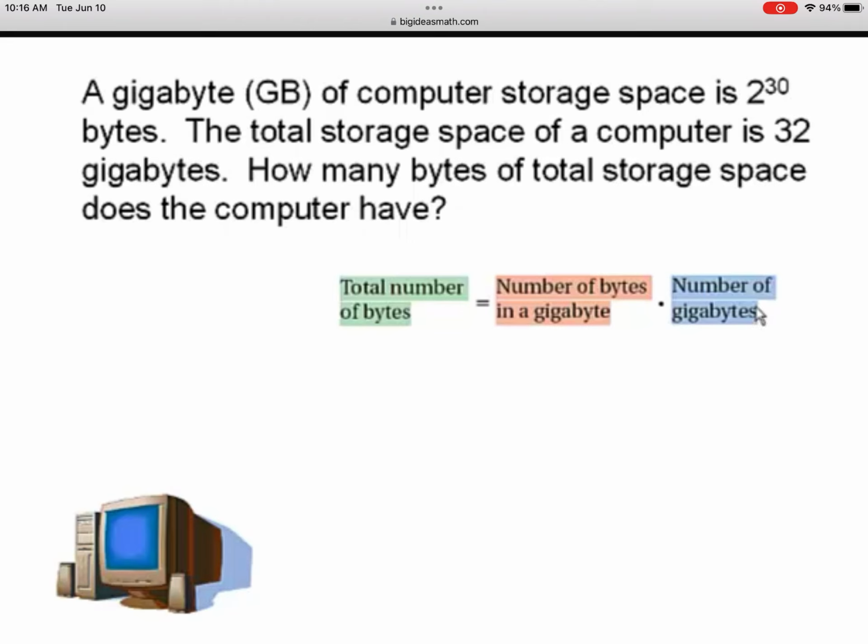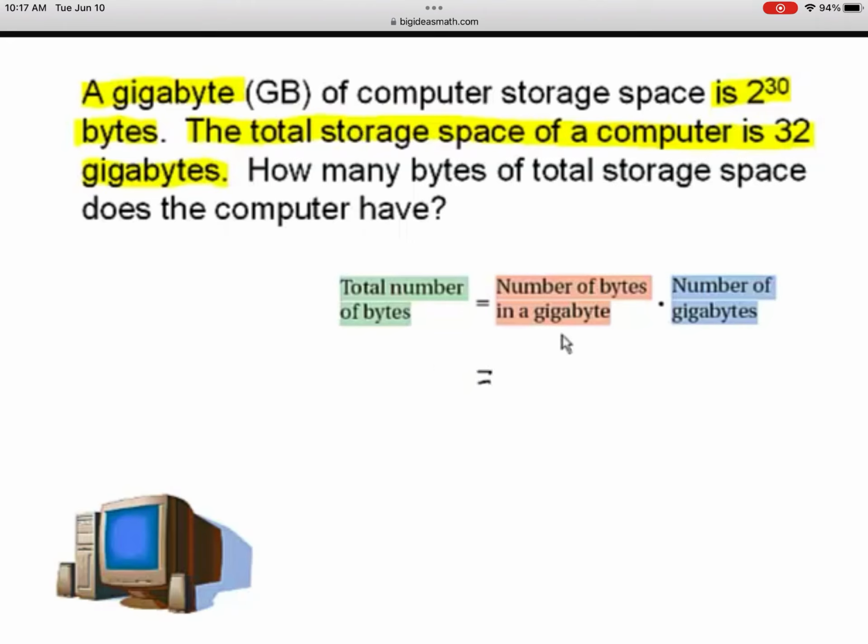Let's look in the problem to find some of this information. A gigabyte is 2 to the 30th bytes. Also, the total storage space of a computer is 32 gigabytes. Now let's substitute this information into the model.